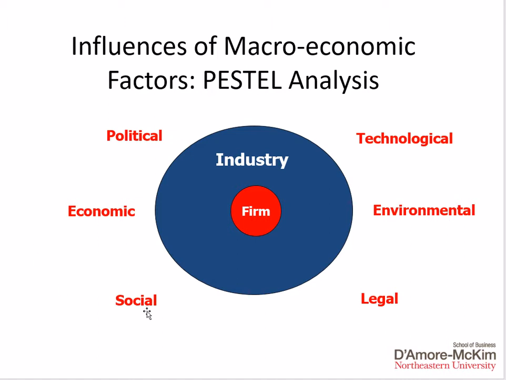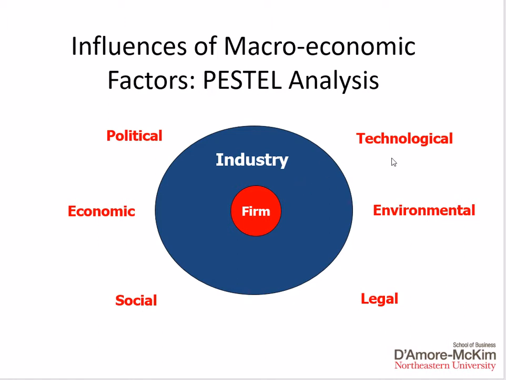Socially, we're looking at things like changes in the demographic mix of society that impact the industry. So, for example, the difference in buying behaviors of millennials versus baby boomers. Or we might be looking at the changing mix of income distribution or education distribution, and how that impacts industry behavior.